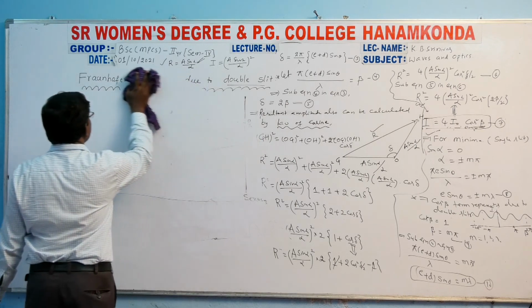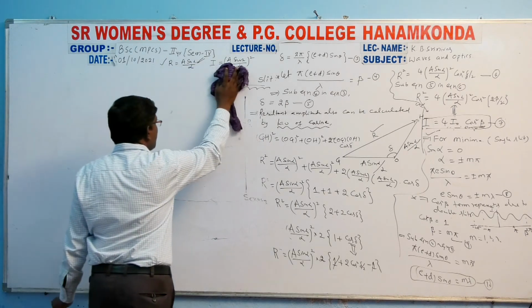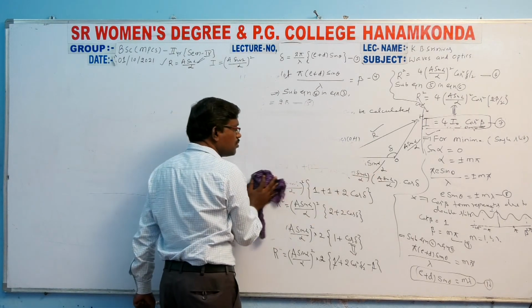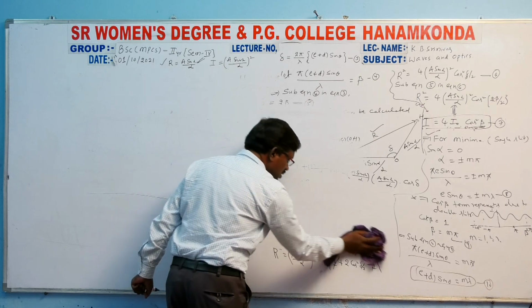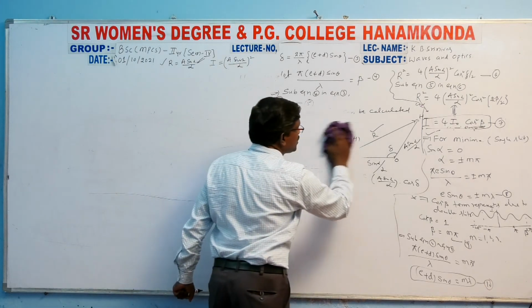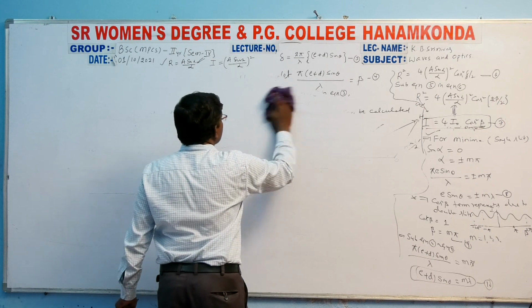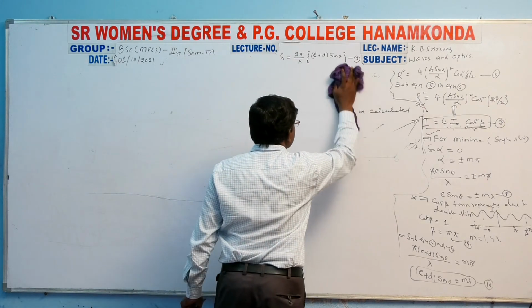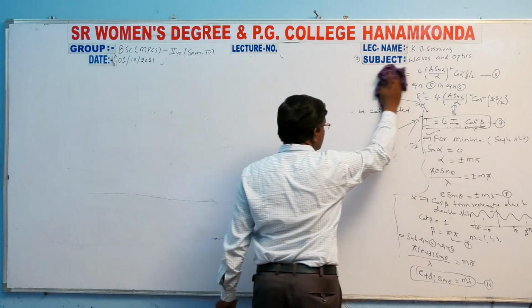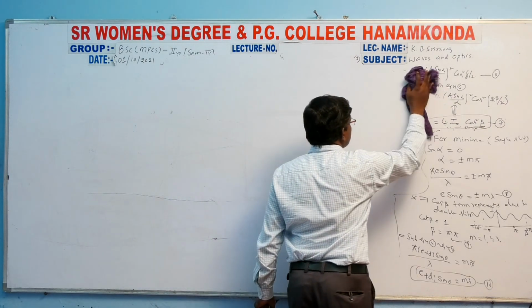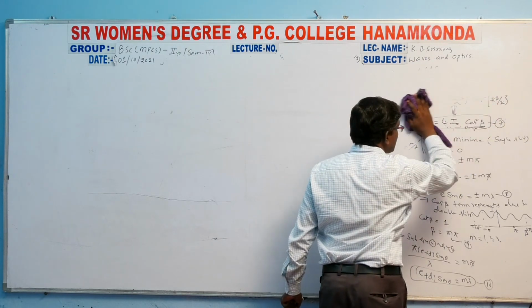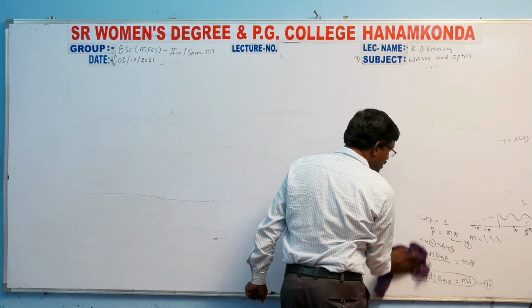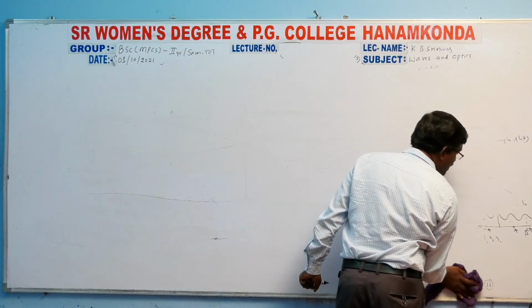Fraunhofer diffraction due to N slits or diffraction grating, both are the same. This is also one of the important long questions in this part. So here I am going to discuss Fraunhofer diffraction due to N slits. I have explained single slit, double slit, circular aperture, and the fourth topic in this first part is Fraunhofer diffraction due to N slits.